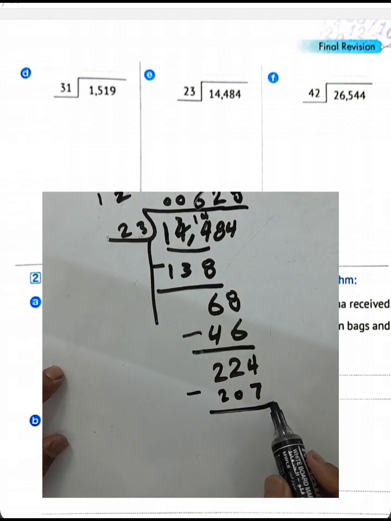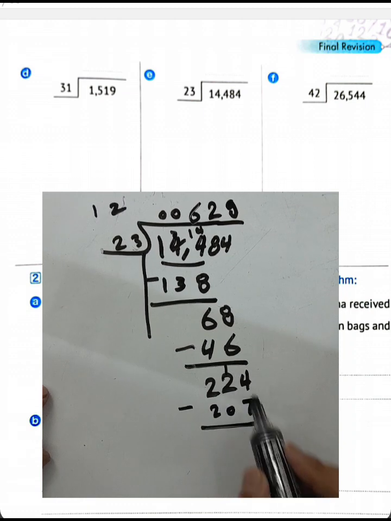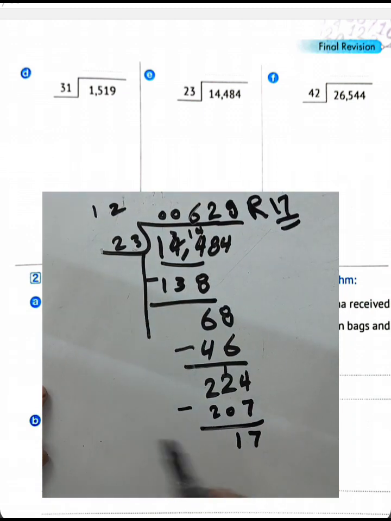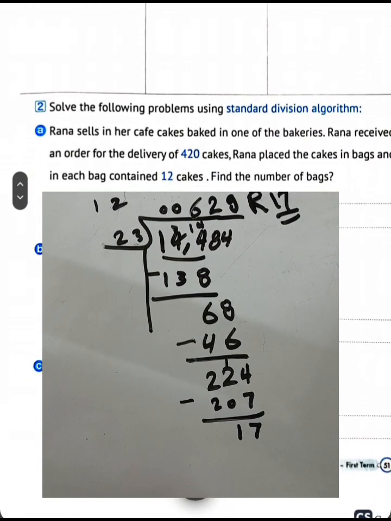The difference will be what? 4 minus 7, we can't do it. 14 minus 7 equals 7, then drop 1, then the remainder here will be equal to 70. Next question.